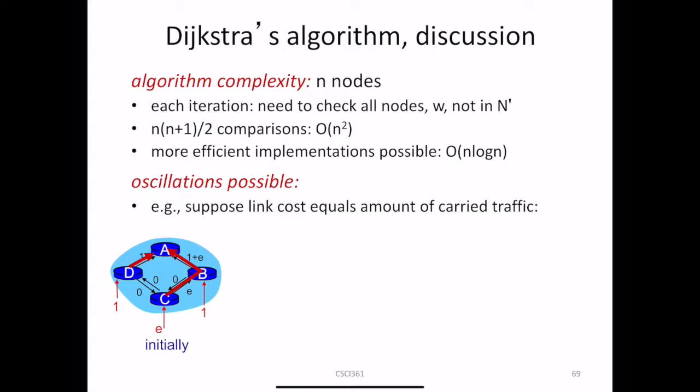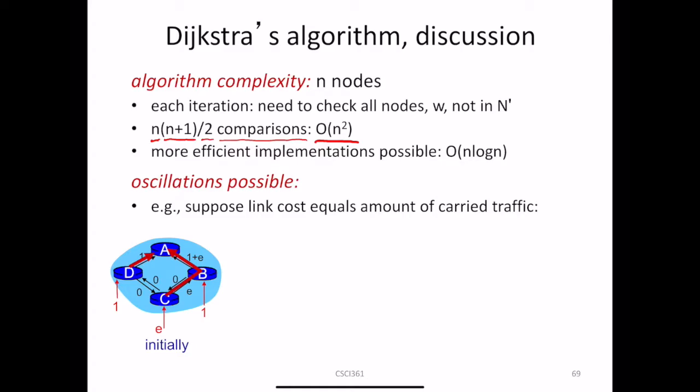Therefore, in total, we need n times (n plus 1) divided by 2 comparisons. Since everybody has taken the algorithm class, after a simple calculation you will know the time complexity for this algorithm is n squared.